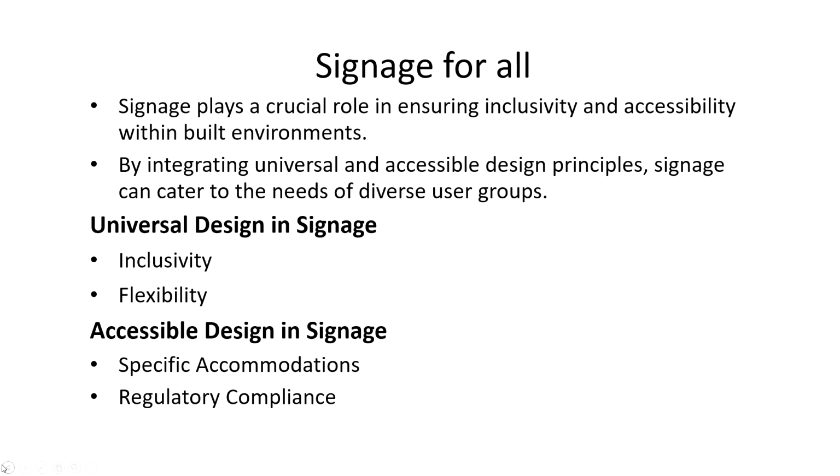Here, we need an integration of universal and accessible design. By combining the universal and accessible design principles, signage can provide comprehensive accessibility to all the users. We should aim for clarity, simplicity, and inclusivity while providing specific accommodation for individuals with disabilities.